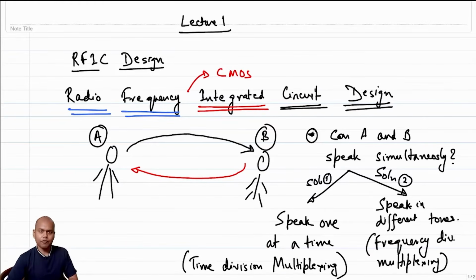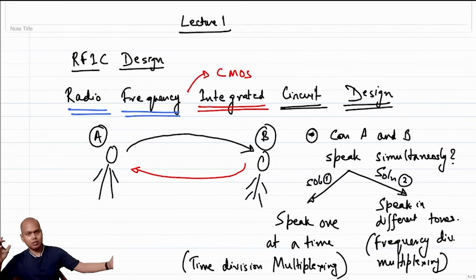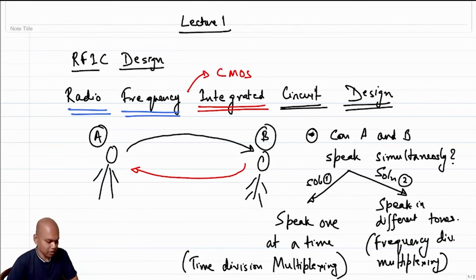What happens if two people who are trying to communicate verbally are geographically spaced at different locations? Naturally, the strength of the sound that will reach from speaker A to speaker B, or speaker B to speaker A, will be very feeble, right? So the power of the signal that you are going to receive will be very small.